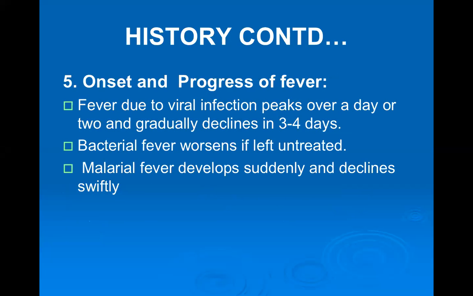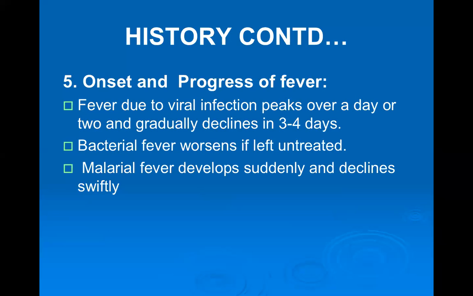Another important point in the history is to ask about the onset and progress of the fever. How the fever started, that is called onset. Sudden onset or gradual onset, that is the meaning of onset. And progress over the days. In day 1, what was the degree of fever? In day 2, day 3, day 4, what is happening?